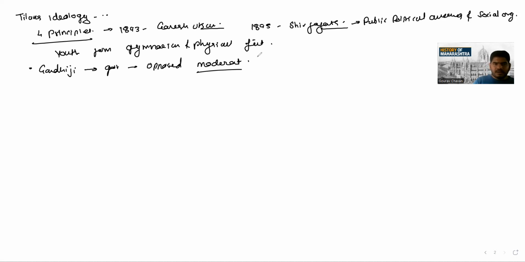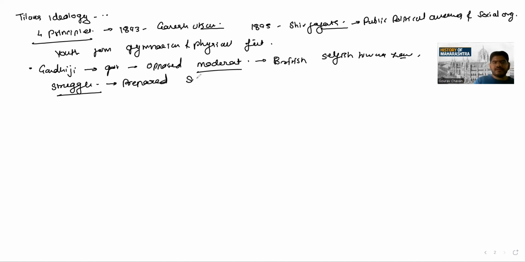So what Tilak said further, that the British were always selfish towards Indians. So if we need to end this, we need to have a struggle. And you guys should be ready to sacrifice everything for your motherland.